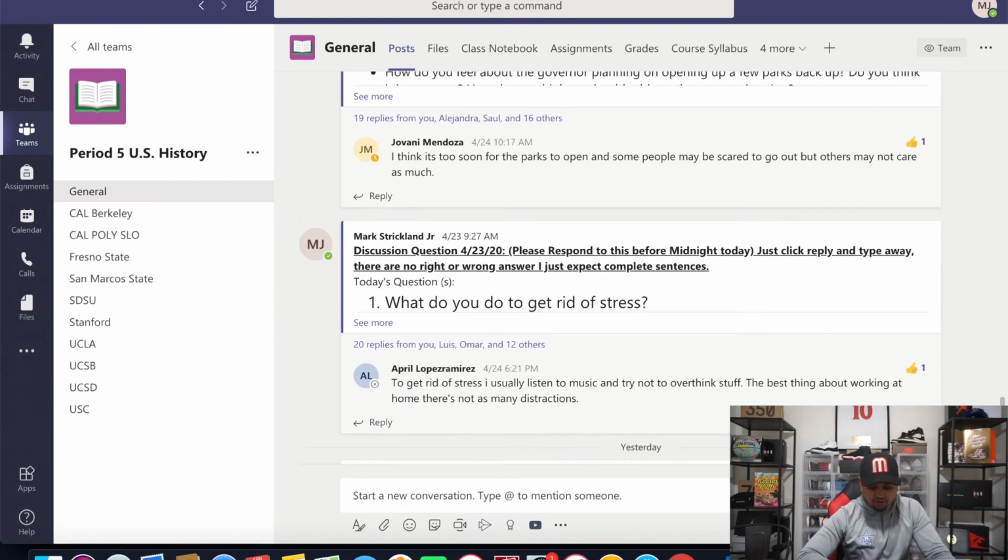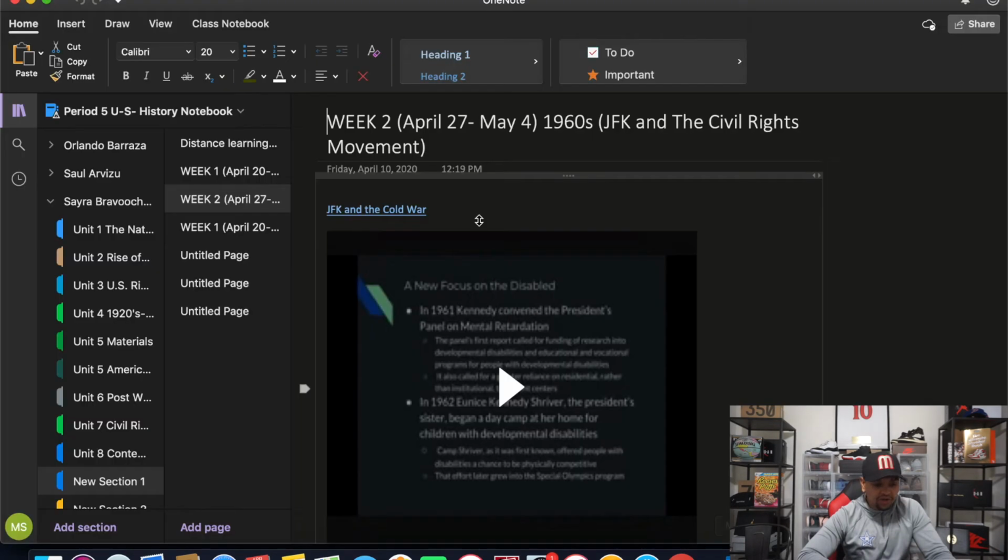So we'll go ahead and go to OneNote. On OneNote, first things first, some students say they can't get the packet, or their computer's lagging, or they don't see their work, or their work's deleted. You need to make sure you sync your notebook. If you see a symbol here, like the one I have right now, it's telling me something's up with my notebook, which means I need to refresh it.